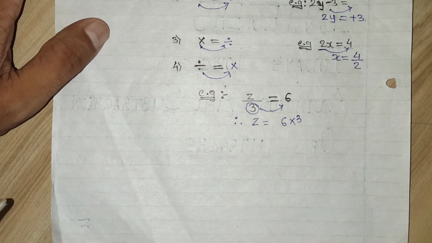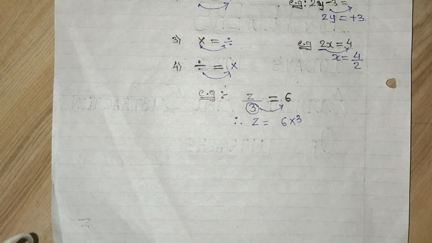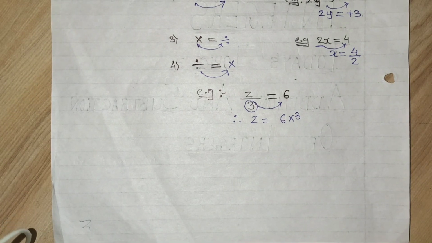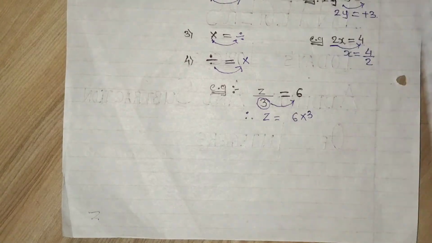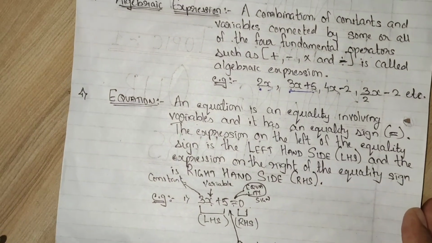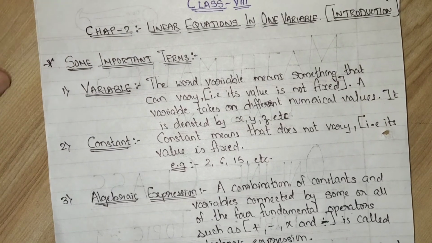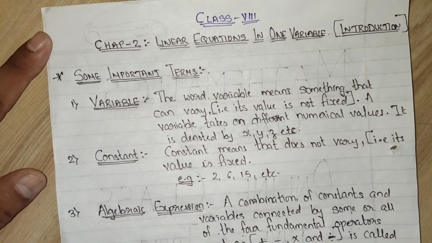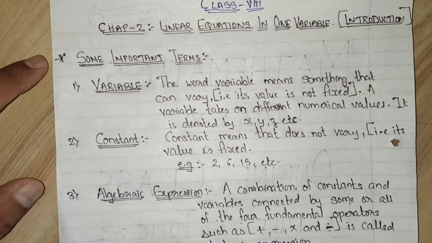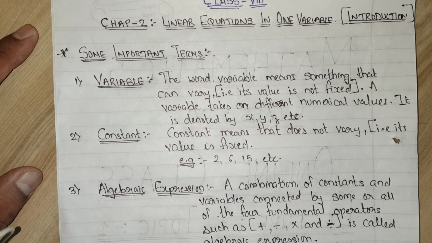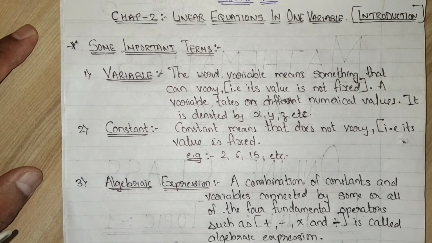So today what I have explained, I am just revising it further. We have started the second chapter, linear equation in one variable, and I have explained some of the important terms which are useful for this chapter.